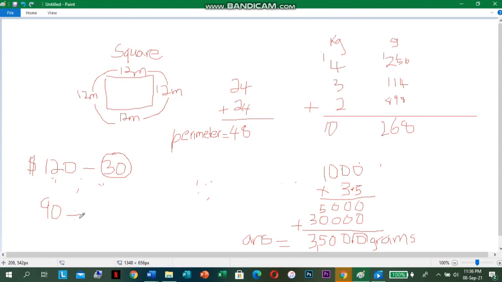So if I divide this 90 by 2, that means one student will get $45, and the other will get $45.